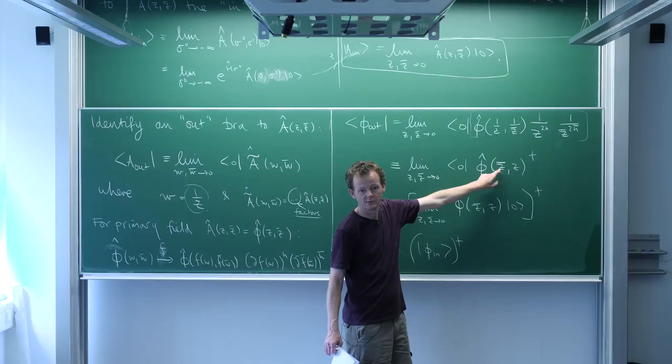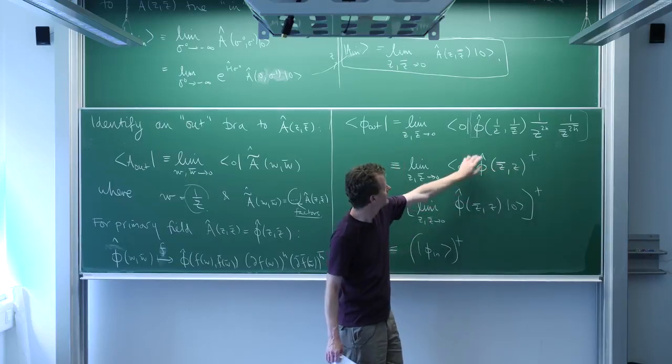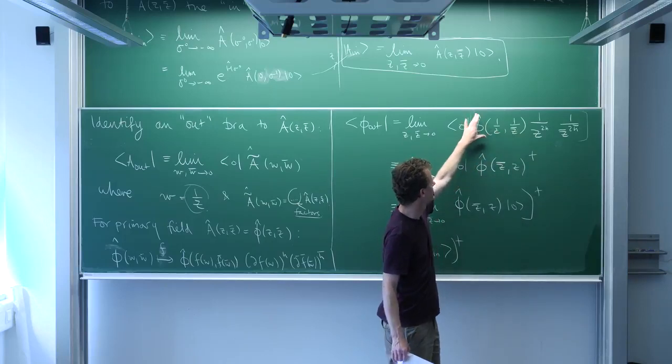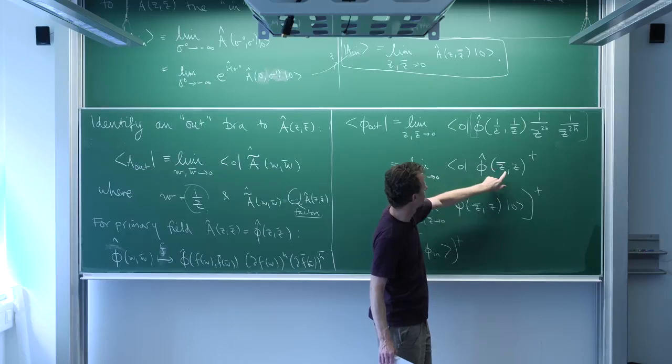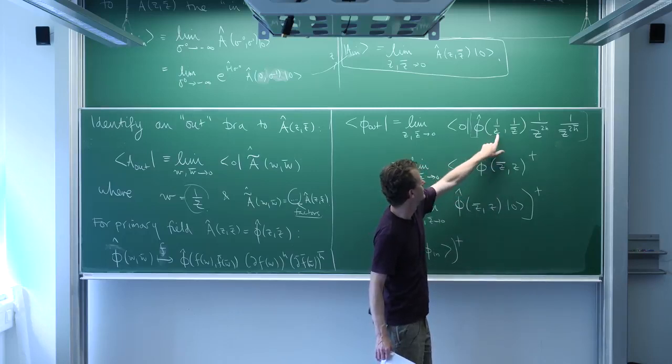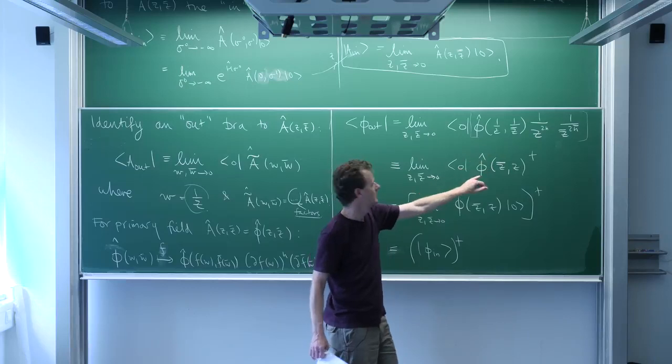So instead of the argument here being z bar, we define the adjoint of this operator here to be the result of putting in 1 over z in the first argument, 1 over z bar here, and so on. That's the definition of this adjoint operation.